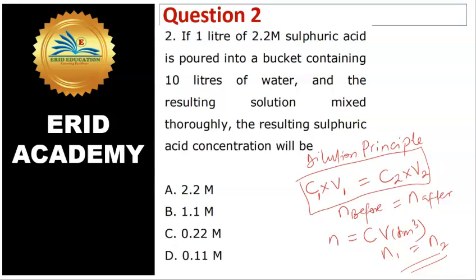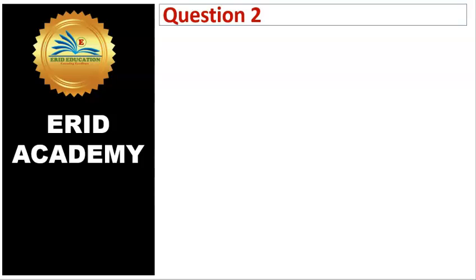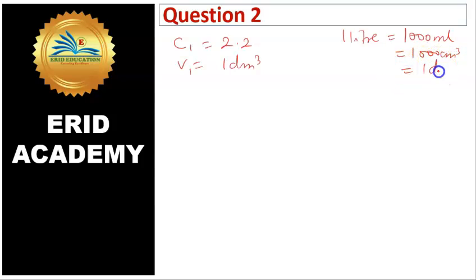What is our C1 and V1? Our C1 is 2.2 mole and our V1 is 1 liter. 1 liter is 1 dm³ because 1 liter equals 1000 ml, which equals 1000 cm³, which is also equal to 1 dm³.